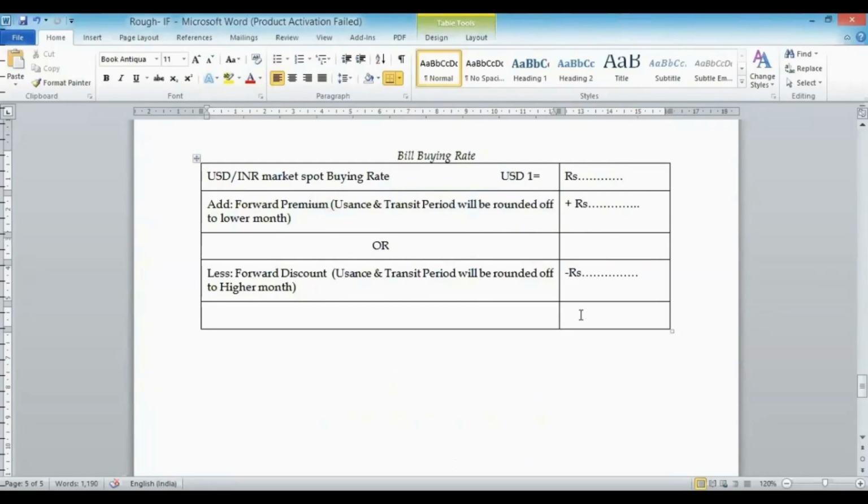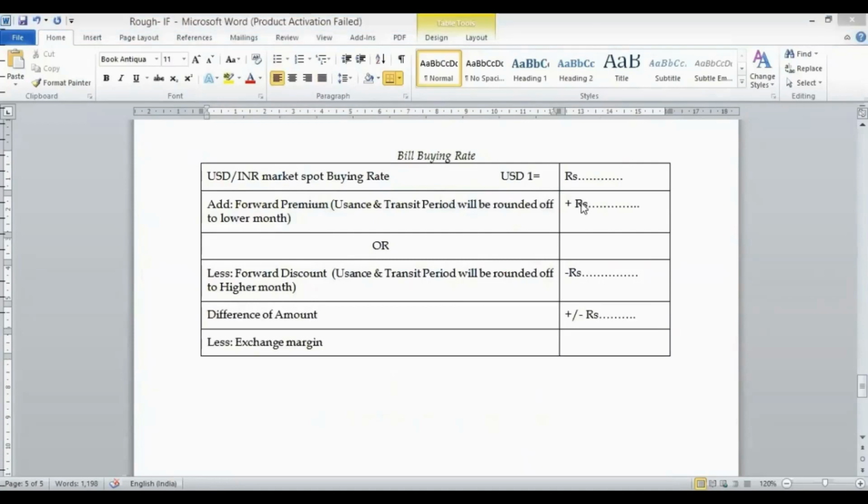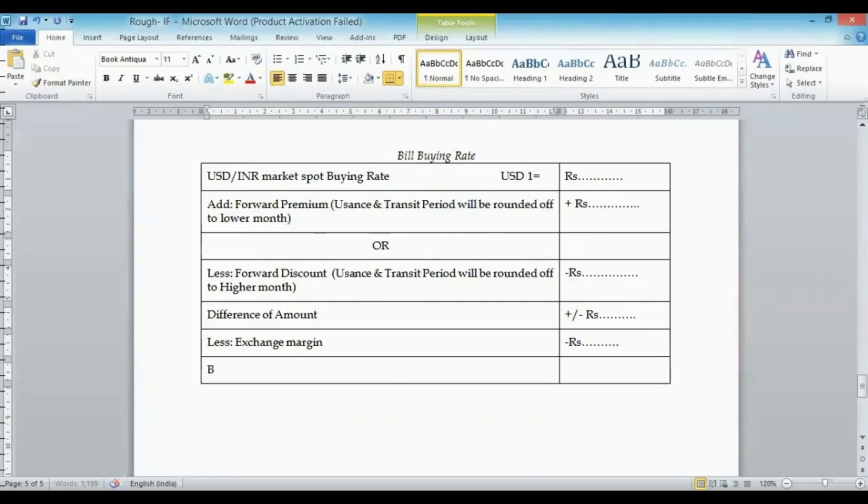That means here we will get plus forward minus discount, whatever that is the case may be, we get the residual, the difference of the two, and then we minus the exchange margin. An exchange margin, that means that is a less sign we have already said, that means minus rupees. And whatever you get after that, this will be called as bill buying rate for, better if you write for USD.